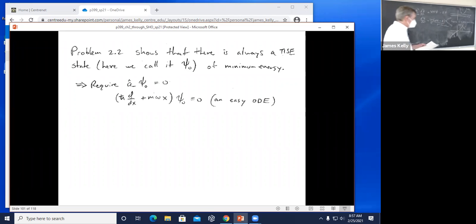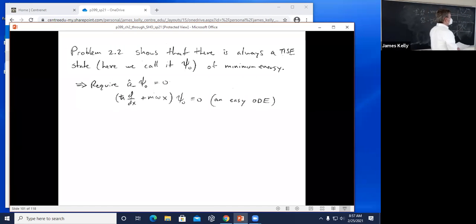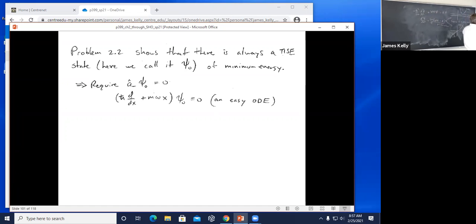So you can check if you want that when you take the definition of A minus from above, you get what's shown up there. But really what I want you to do is solve that differential equation. It's an elementary kind of differential equation that you learn how to solve in your ODE class. It's called a separable differential equation, if that means anything to you.